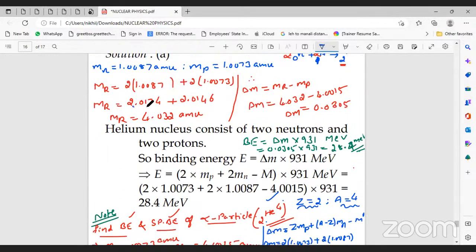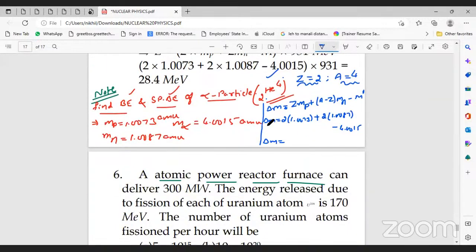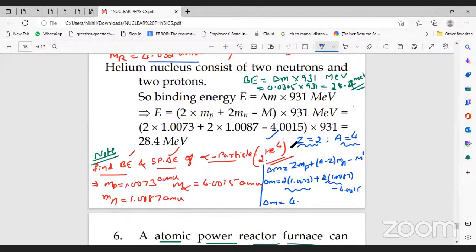Here, 2 proton masses and 2 neutron masses give you 4.032. So 4.032 minus 4.0015, you calculate this delta M. After getting delta M, just multiply by 931. You will get 28.4 mega electron volt.